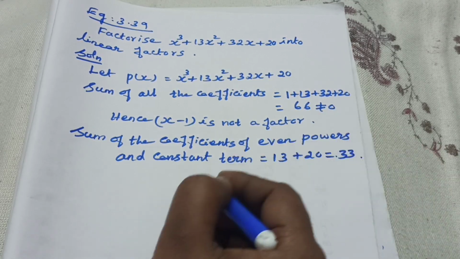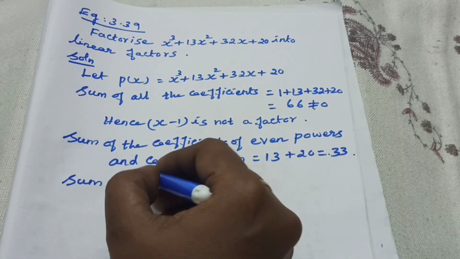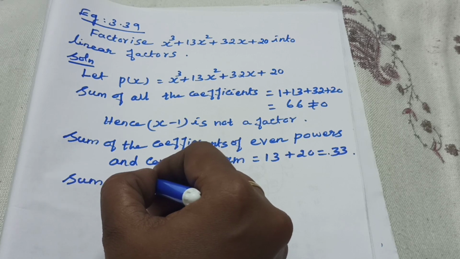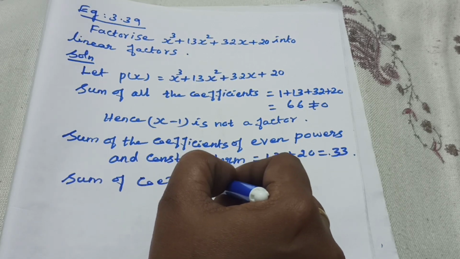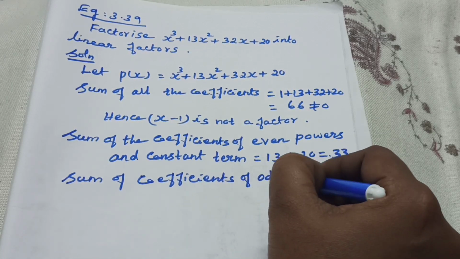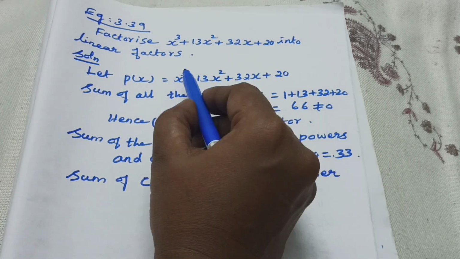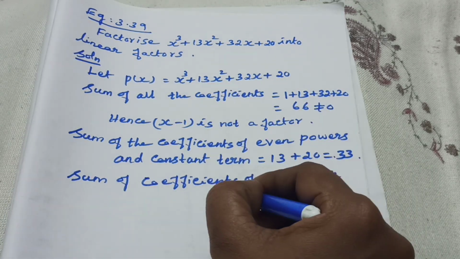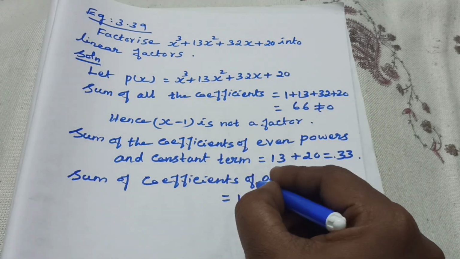Next we have to check the sum of the coefficients of odd powers. What are the odd powers? You say x cube, and the coefficient is 1. Then the x term has coefficient 32, isn't it?